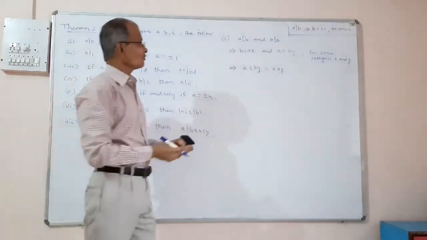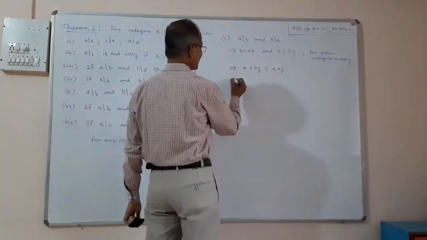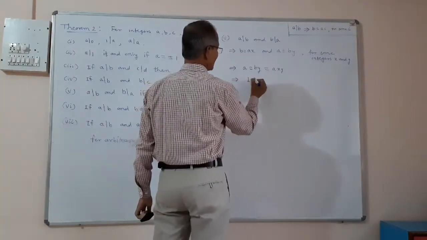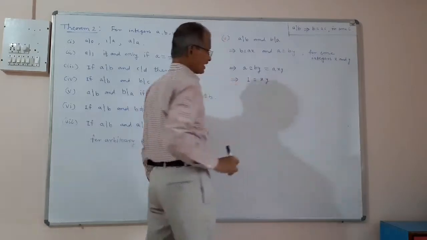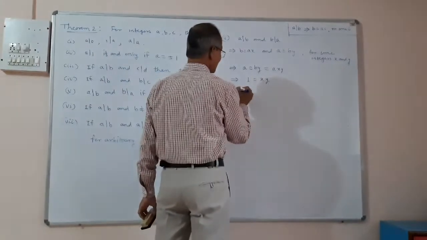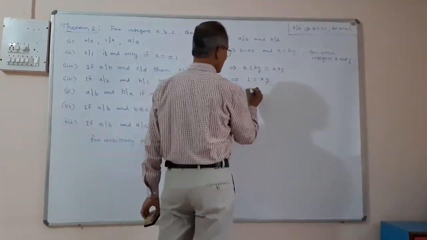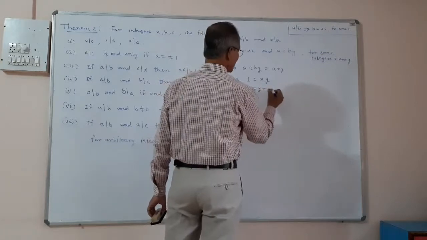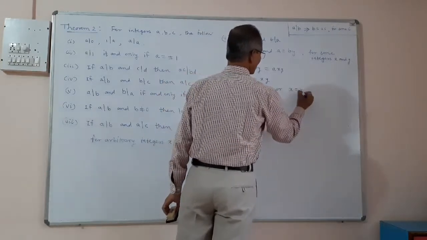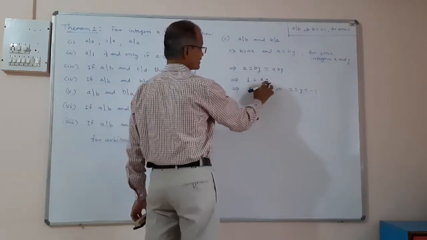Now we can divide both sides by A. So what does this give? 1 is equal to X into Y. And because X and Y are integers, the possibilities for X and Y are both equal to 1 or both equal to minus 1. This implies X is equal to Y is equal to 1, or X is equal to Y is equal to minus 1. 1 into 1 or minus 1 into minus 1.